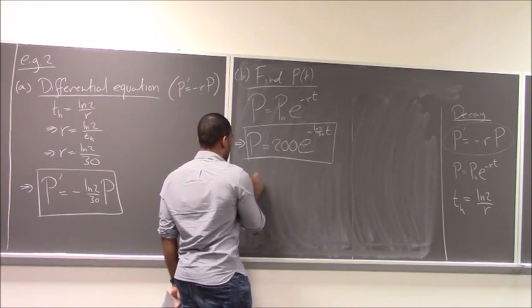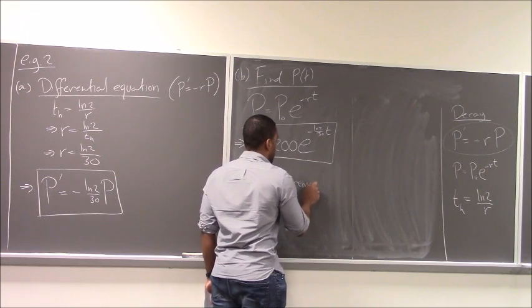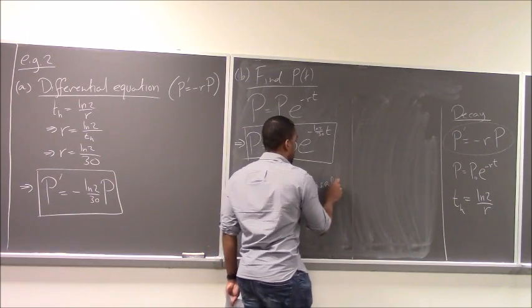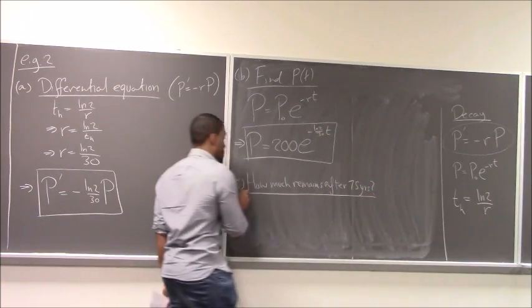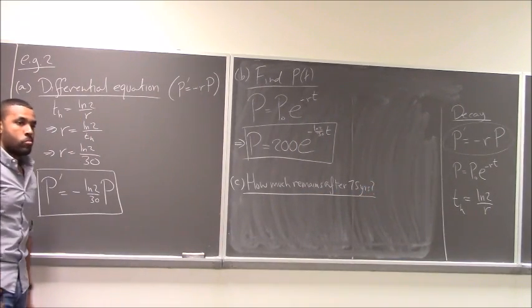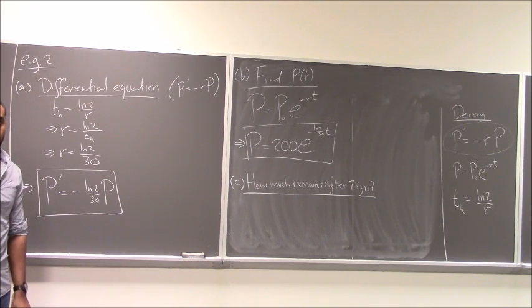C. How much remains after 75 years? You just use the PERT equation and set the time for 75.